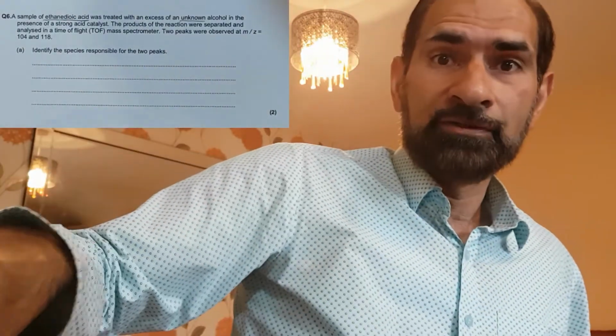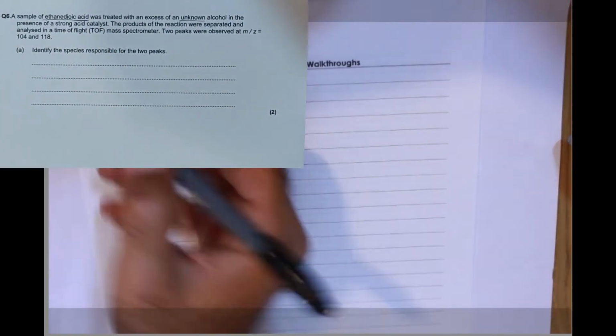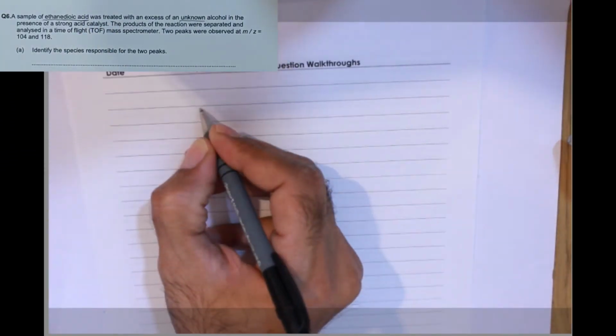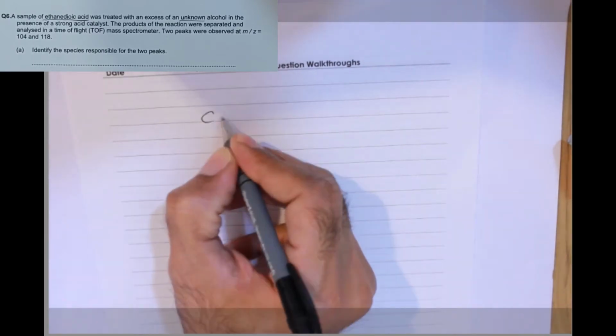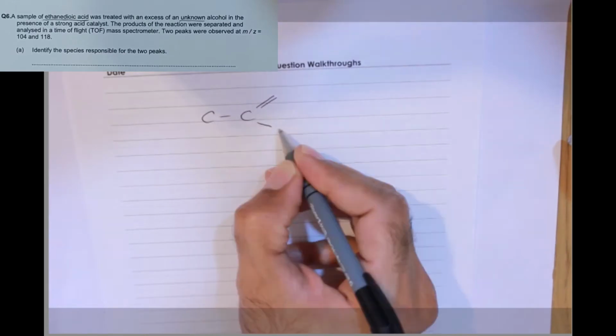Well, let me show you. The first thing I'm going to do is try to visualize in my head what ethanedioic acid looks like. So I'm going to start drawing it. Ethan, so obviously 2 carbons, and -oic acid means it's a carboxylic acid.